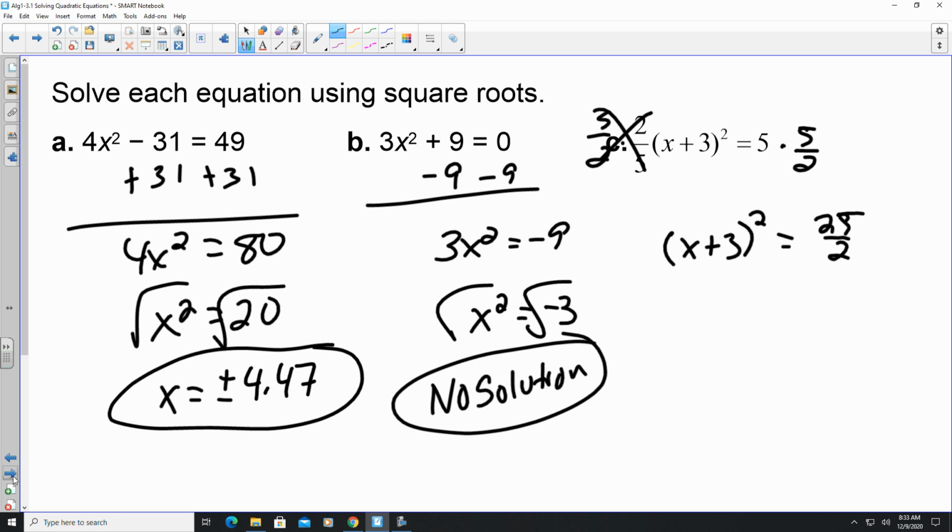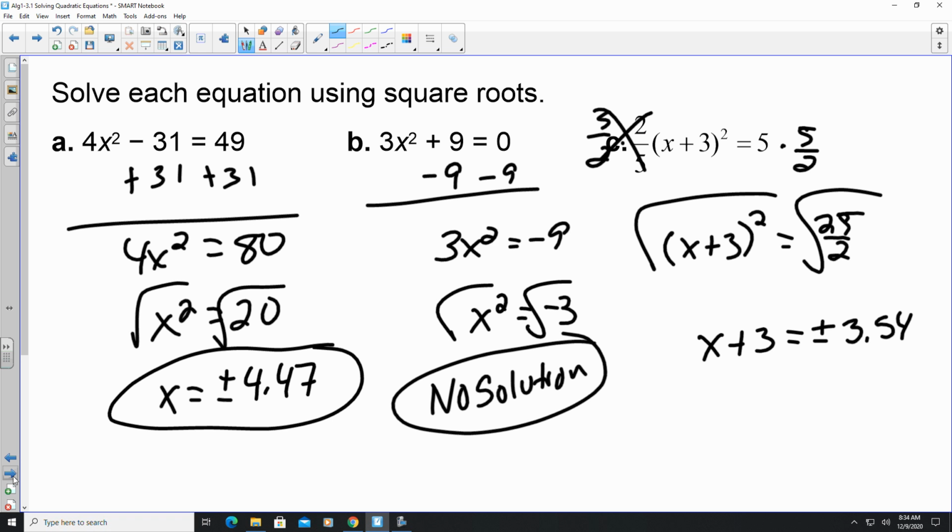Now, in order to solve using square roots, you're just going to take the square root of this here. So the square root of x plus 3 quantity squared is just going to be x plus 3. 25 over 2, if I took the square root of that, I would get plus or minus about 3.54.